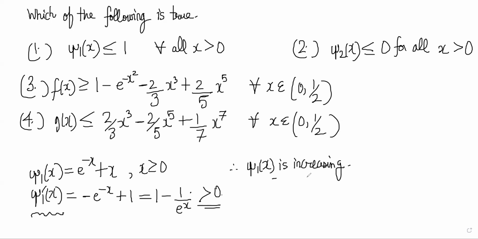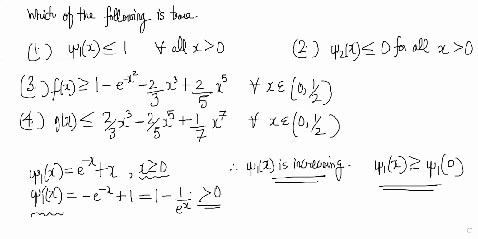So psi1 x is an increasing function, and therefore for x positive, psi1 x will be greater than psi1 of 0. Because it's an increasing function, psi1 x will be bigger than psi1 0.